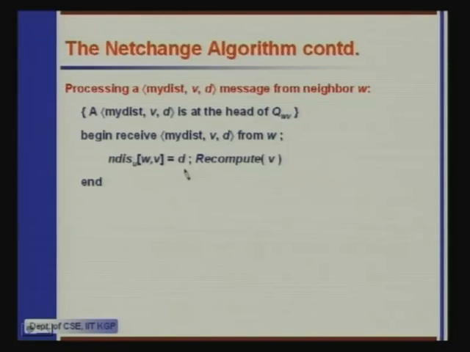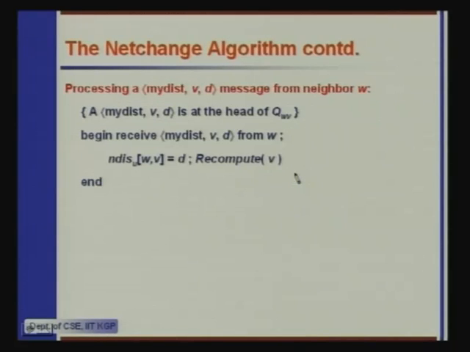Remember that this D may be greater than its previous value or less than its previous value. The cost may have gone down or gone up. Okay. In either case, my distance to V may have changed, so I need to do a recompute V.